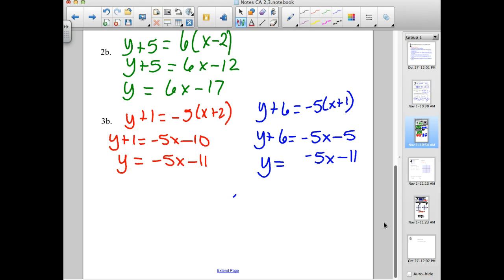All right, do they match? So again, it doesn't matter which form or which point you use in point-slope form. When you simplify it down to slope-intercept form, it should all match.